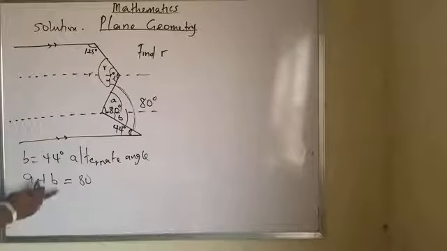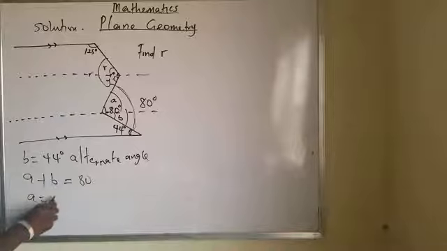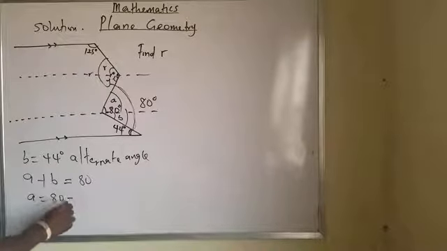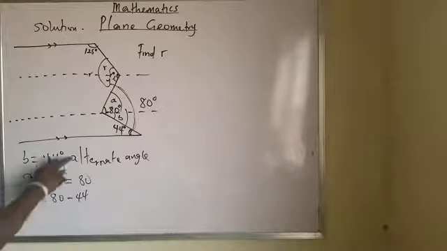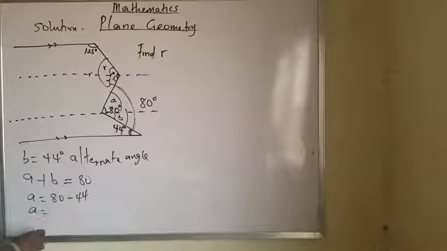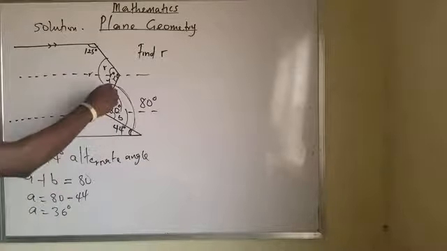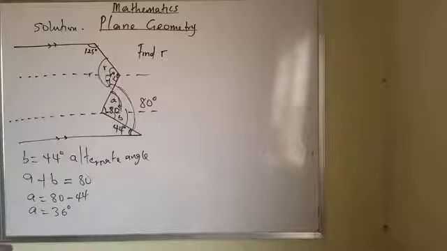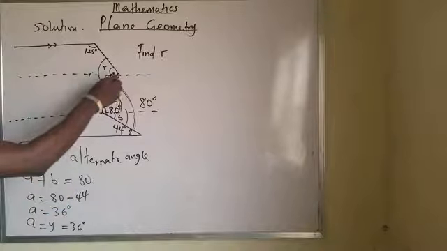Since my B is 44, A equals 80 minus 44, so my A is equal to 36 degrees. The next thing I want you to know is that this A is also alternate to Y. It means my A equals Y, which is 36 degrees. Also alternate angles.